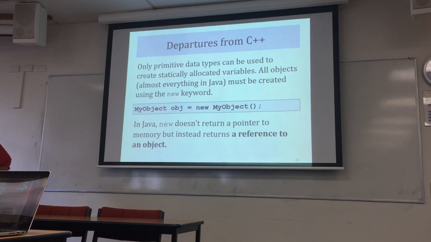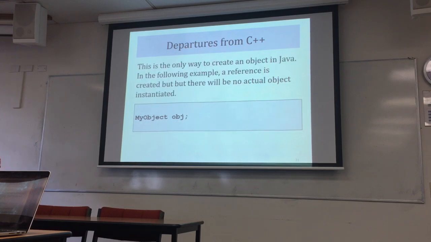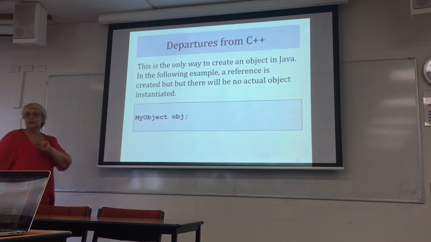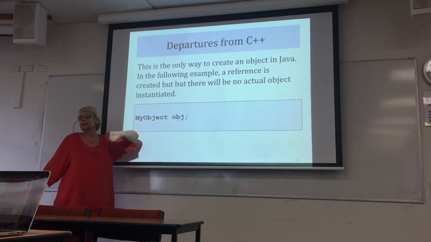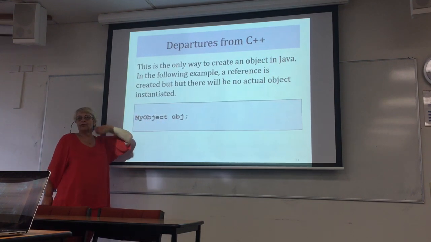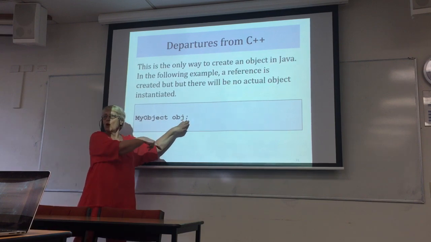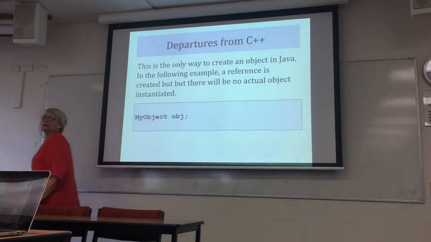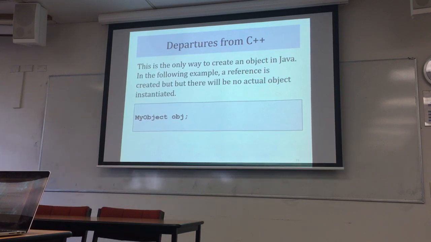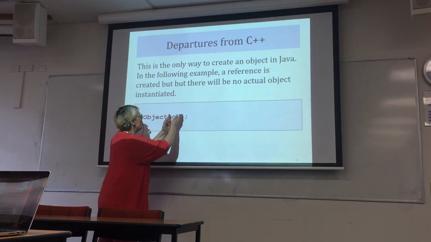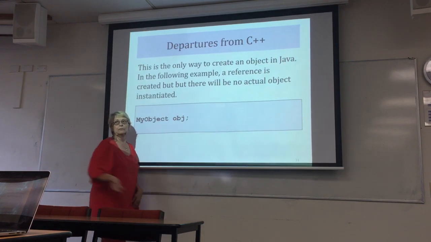And they are called references to an object, and they are all defined on the heap. The only way to create an object in Java is to use new. This is an incomplete definition. If we leave this and we try to invoke a method on this object, things are not working. You can, in your mind, say, oh, this is like I declare a pointer to something.